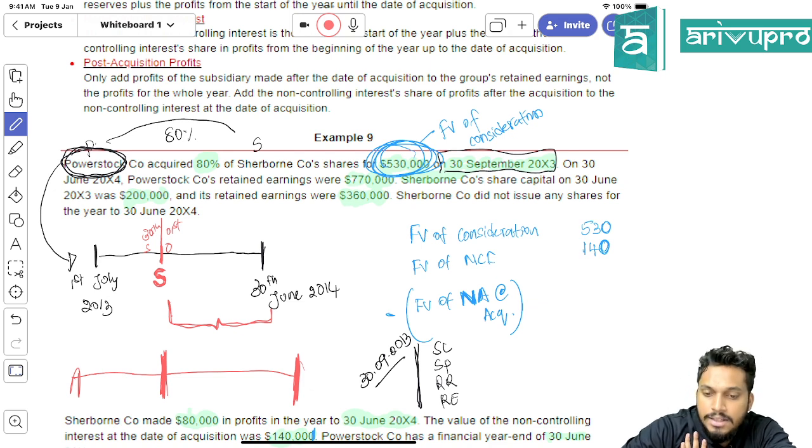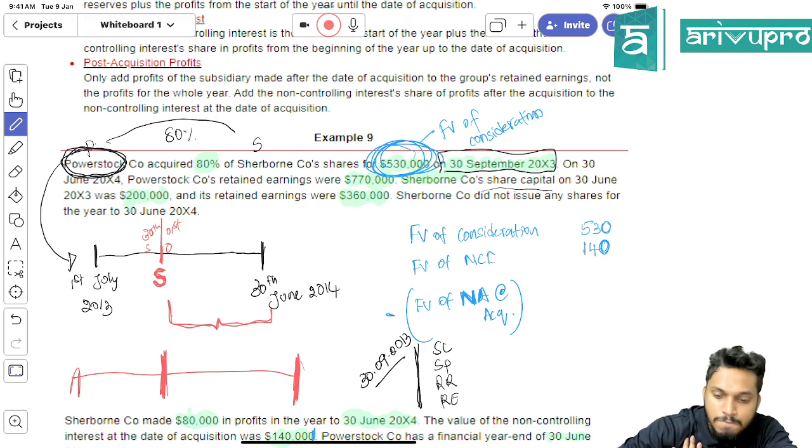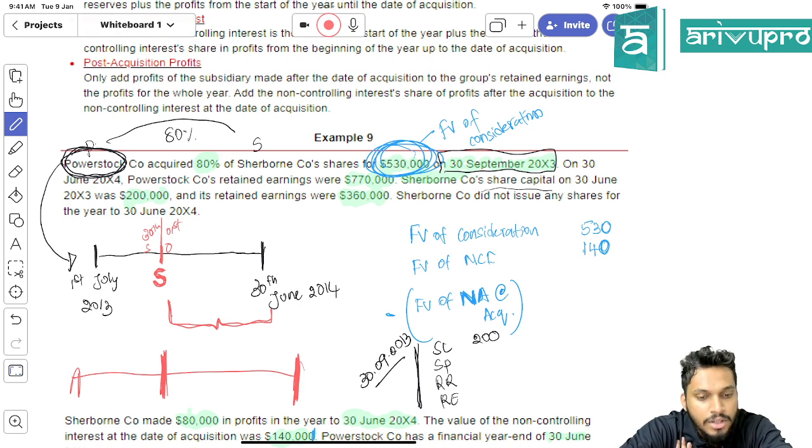So now they are telling that Sherburne Company's share capital on 30th June 2013 was 200,000. Have they given what is the share capital as of 30th June 2013? Yes. That is how much? 200,000. Retained earnings were 360,000.